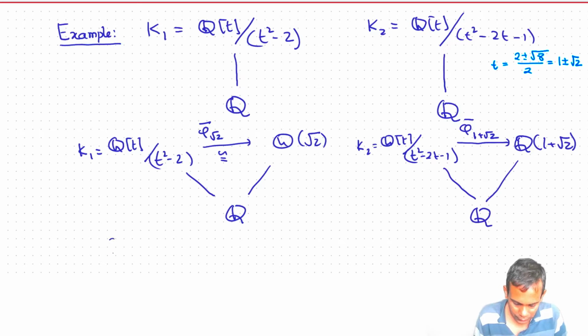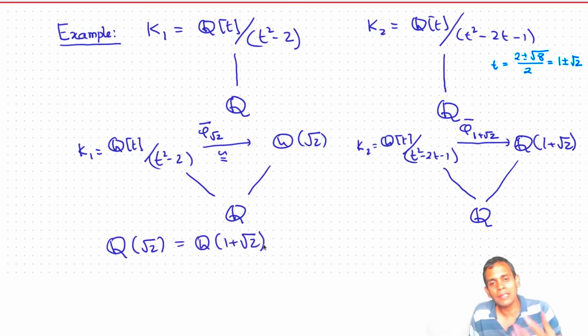But of course, Q(root 2) is the same as Q(1 plus root 2). Why is that? Well, if you have a field that contains root 2 and it contains Q, then it must contain 1 plus root 2. Conversely, if you have a field that contains 1 plus root 2 and contains Q, then it must contain root 2. So these are actually the same.